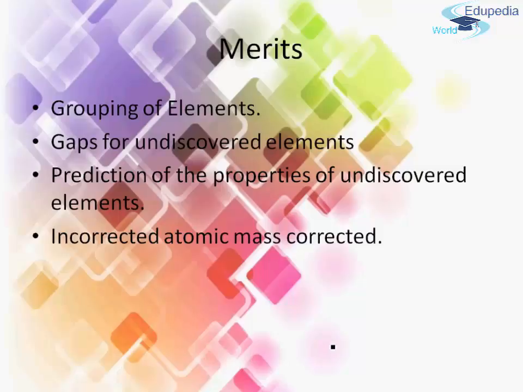Yes, he was able to correct the values of the atomic masses of elements like gold and platinum when he placed these elements going strictly by the similarities in their properties. That is, the error in the atomic weights of some of these elements was corrected on the basis of their positions in the periodic table.